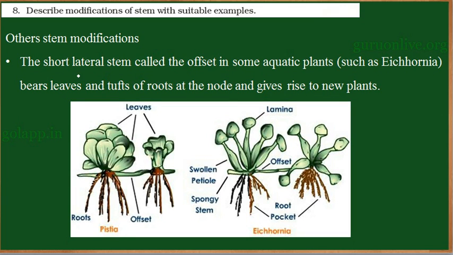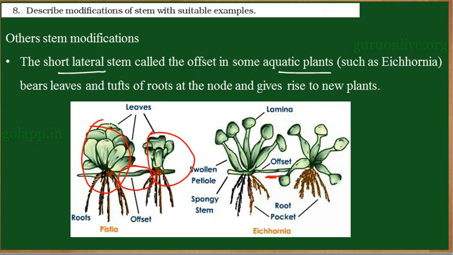In certain aquatic plants, the short lateral stems which connect two plants are called offsets. They are connecting one plant with another. So an offset is nothing but a modified shoot. In plants like Eichhornia, two plants are connected by offsets, and here also when the offset separates or breaks, the two plants grow individually.